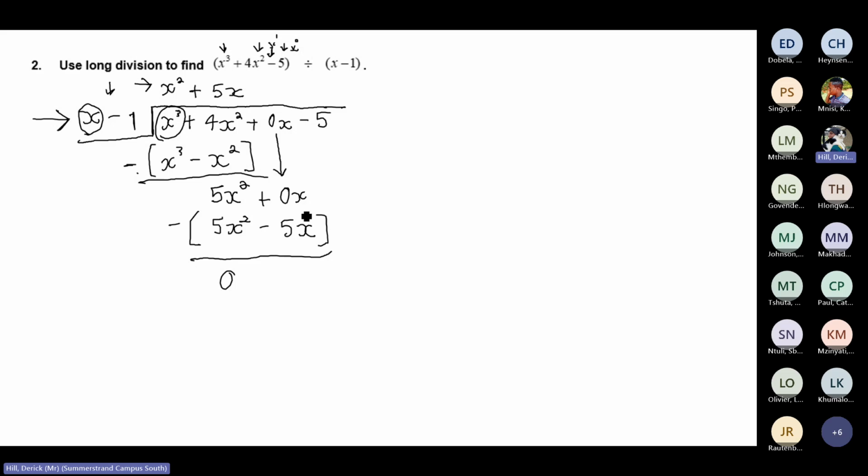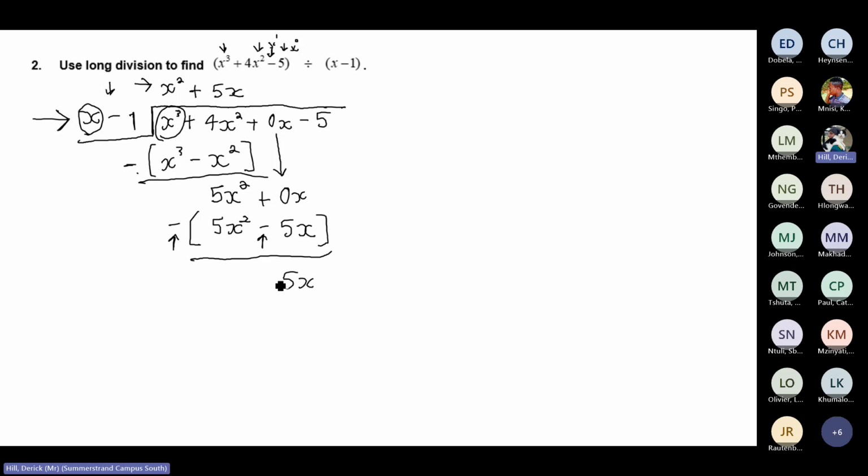And then 0x minus minus 5x, sorry, just 5x, gives me a plus 5x once again. Yes, we have another 5x. Okay, so I'm going to remove this 0 because we don't need that.